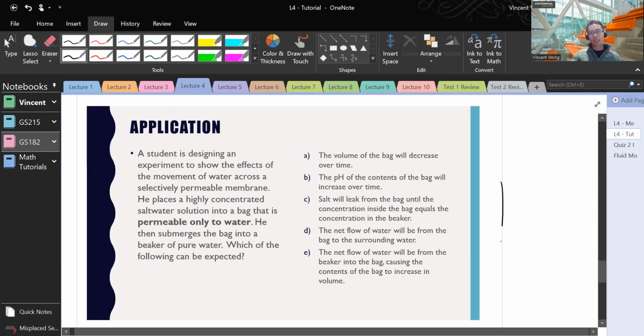So let's draw this out and see what happens. Okay, there is going to be a bag right here, and it's highly concentrated salt water, okay, compared to the outside. Okay, so outside is pure water, so you actually won't have any of these dots. Okay, pure water. The question says, right? Which of the following can be expected?